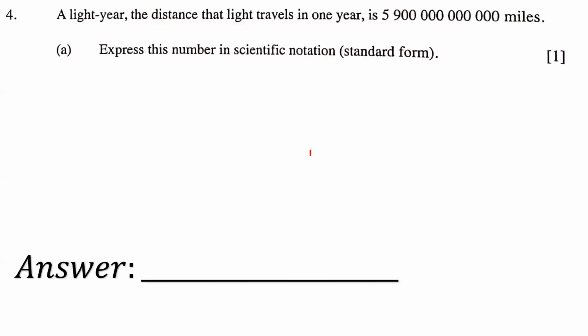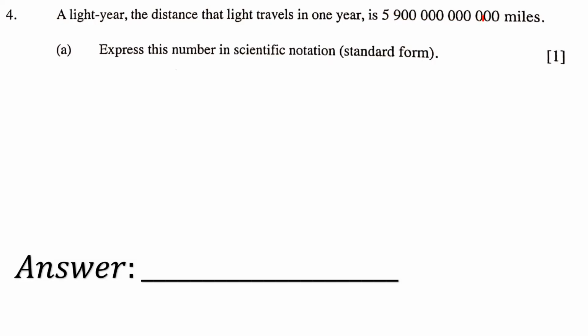Moving right along, let's move on to number 4. It says a light year, which is the distance that light travels in 1 year, is 5,900,000,000,000 miles.